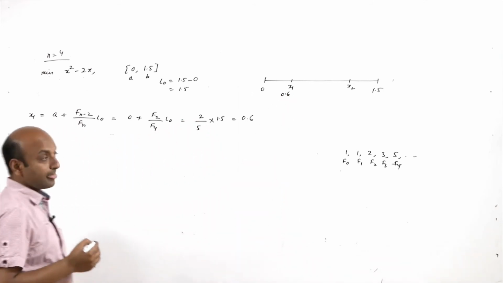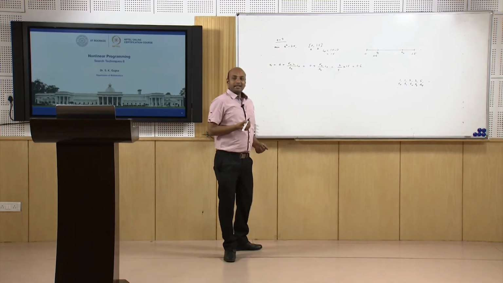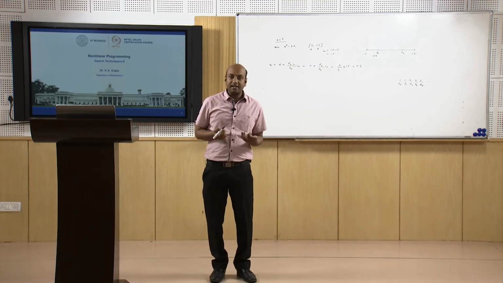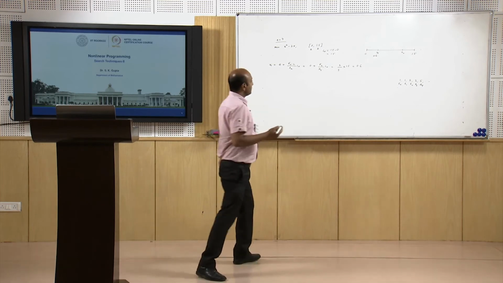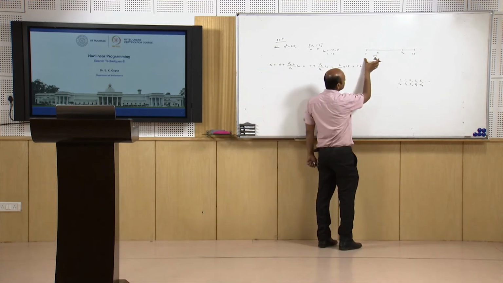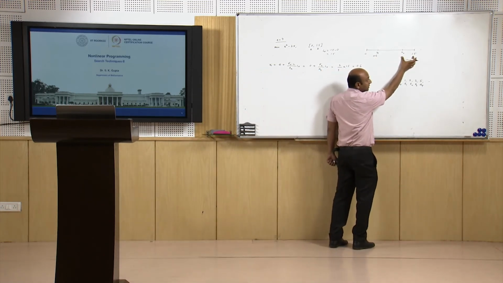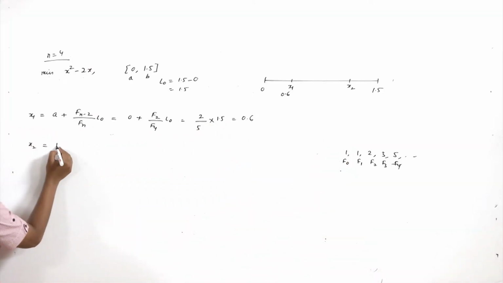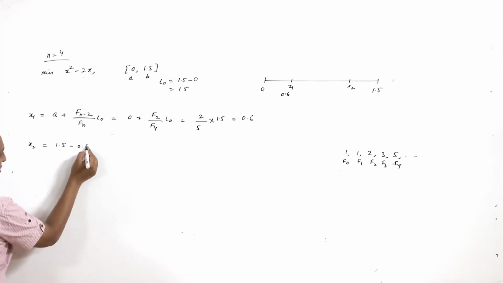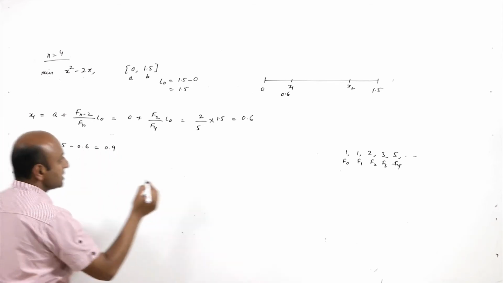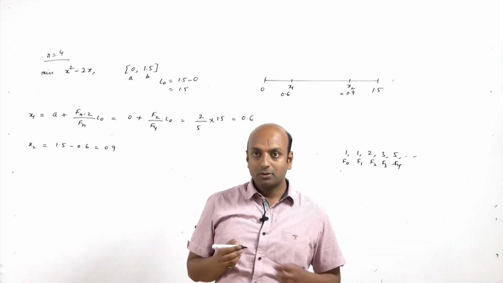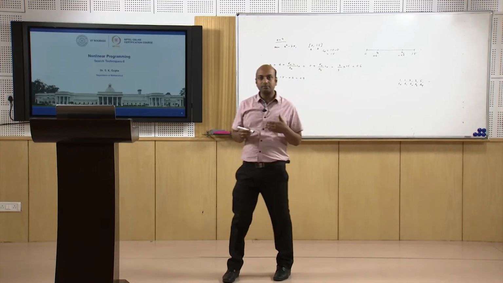Okay. Now, we know that the two experiments are always placed symmetrically from the endpoints. So, if this distance is 0.6, this must be 0.6. So, what will be x2? x2 will be 1.5 minus 0.6, which is 0.9. So, this experiment will be 0.9. This is by the Fibonacci search method.